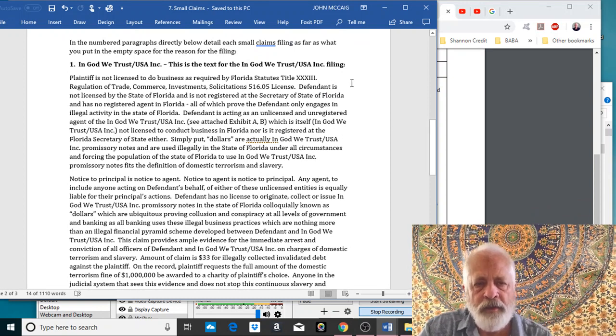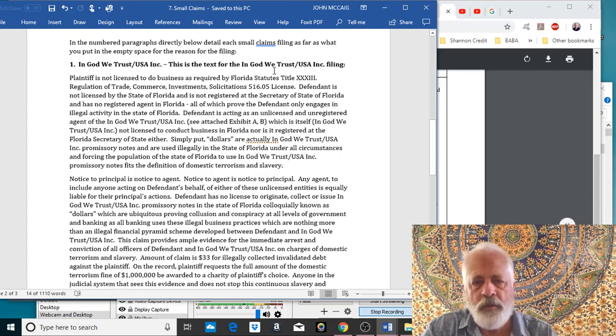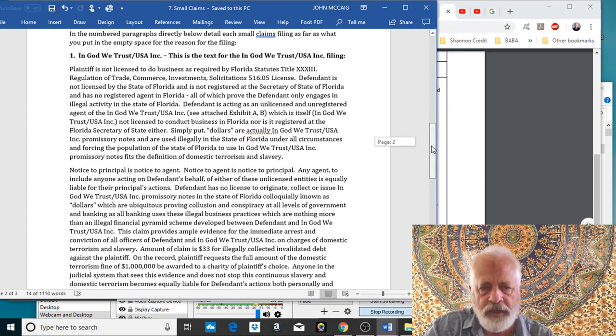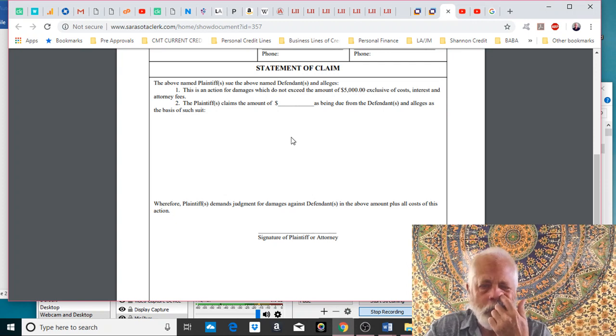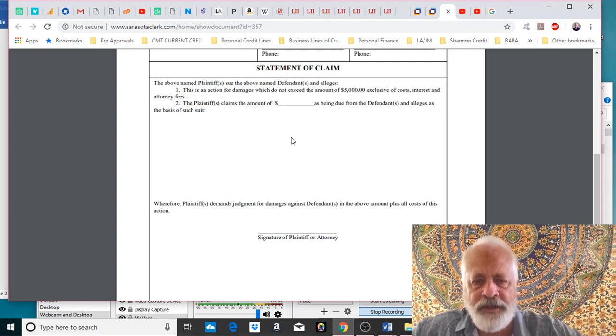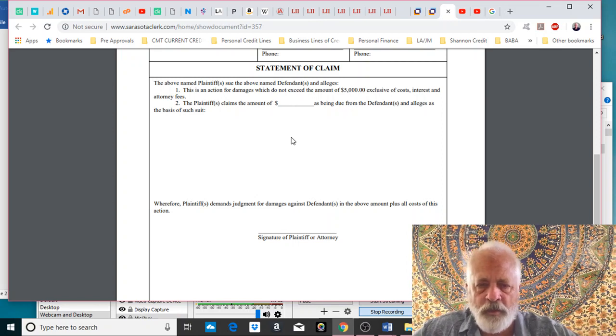In the numbered paragraphs directly below each small claims filing is what you put in the empty space for the reason for the filing, right? So these words right here would go in this box. Now wait a minute, you're like, that can't fit in that box. Well, in case it doesn't fit in the box, you just write the words "see attached."